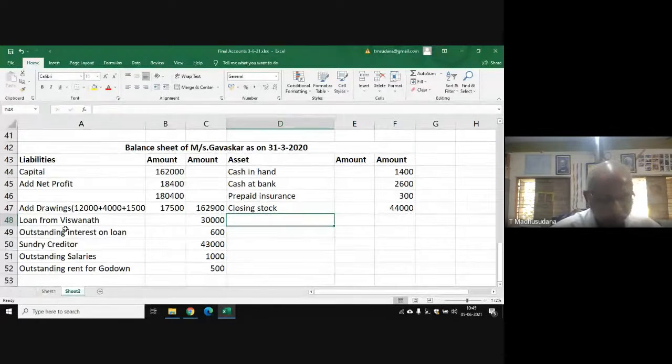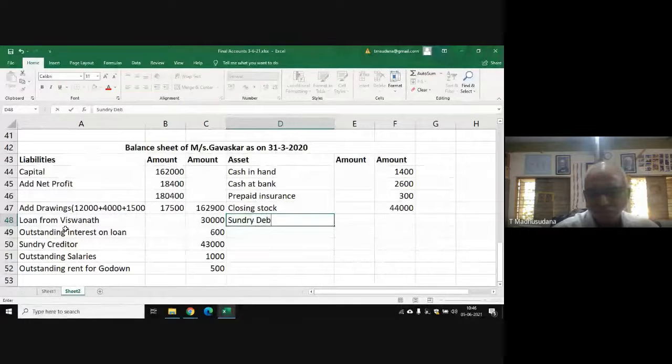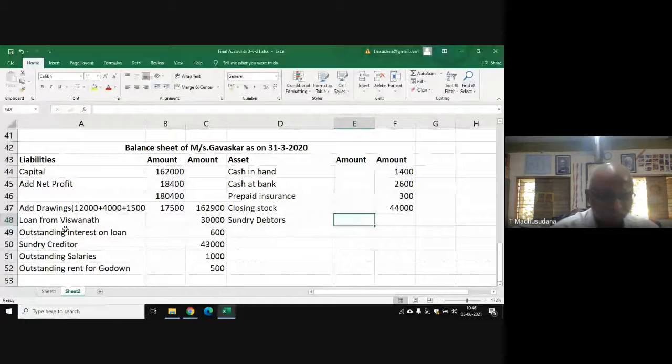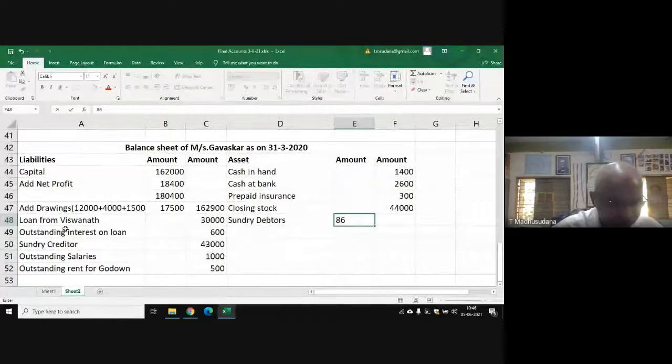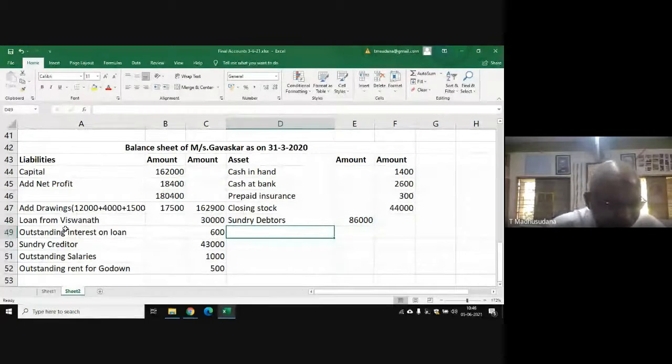Next, sundry debtors. For sundry debtors, there is an adjustment called provision for bad debts. Therefore, it is to be shown in the inner column: 86,000. From this, we have to deduct the total new reserve for bad debts. The total new provision is to be deducted.